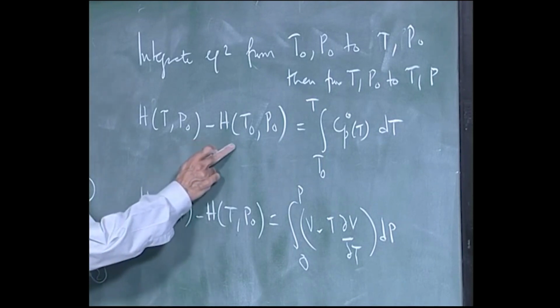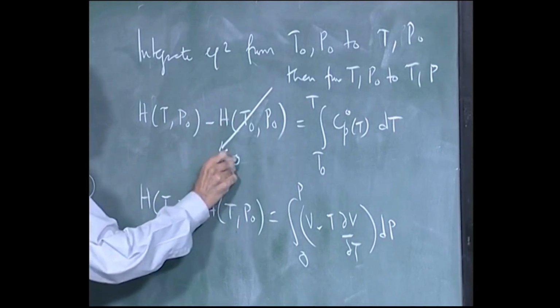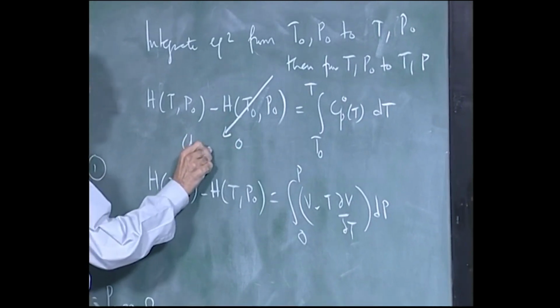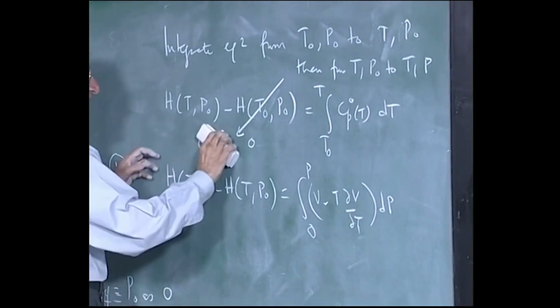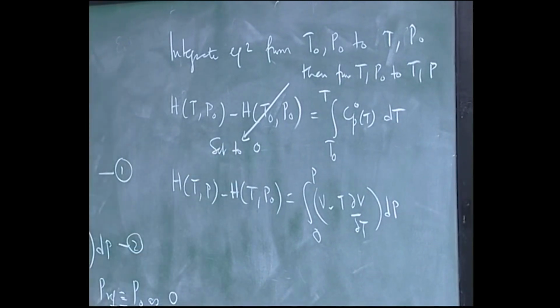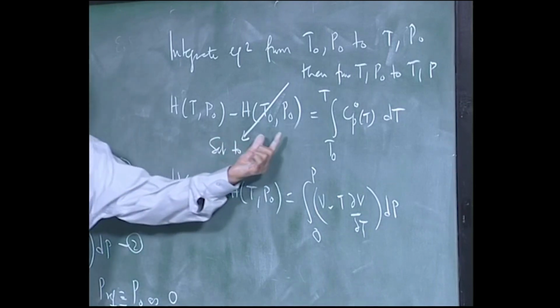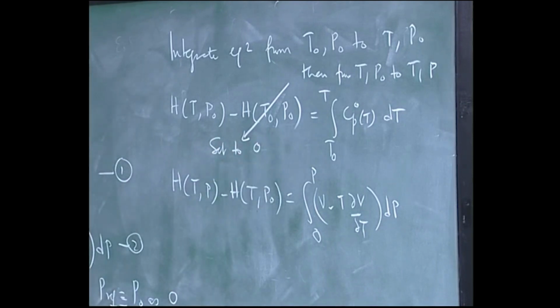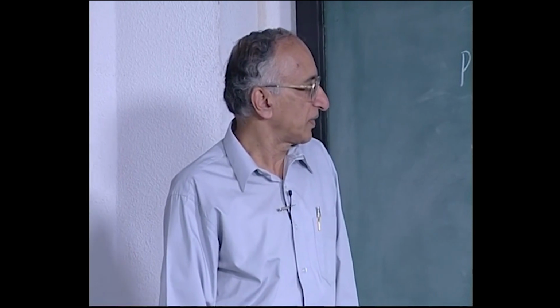And then I am going to choose this to be 0, or set to 0. That is why you have to be careful when you go from table to table. In one table T0 P0 may be different from T0 P0 in another table. So if that number is different, then you have to add that number on if you want to compare data from two tables.